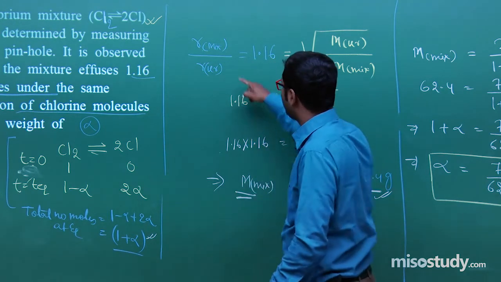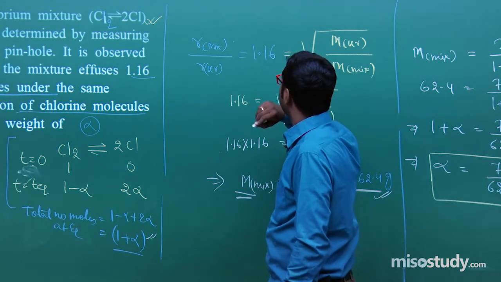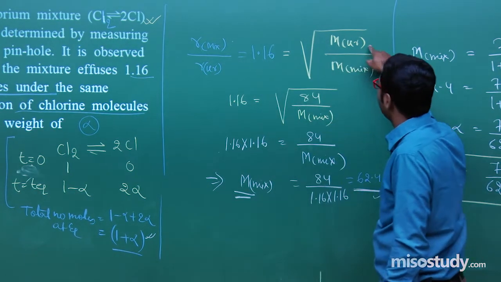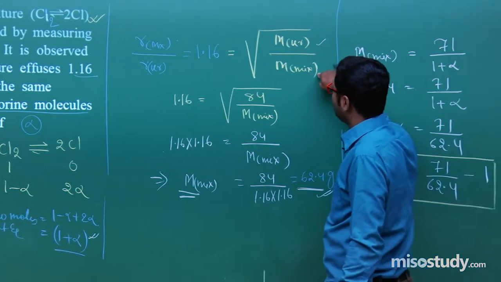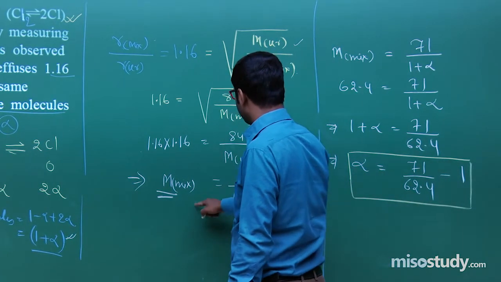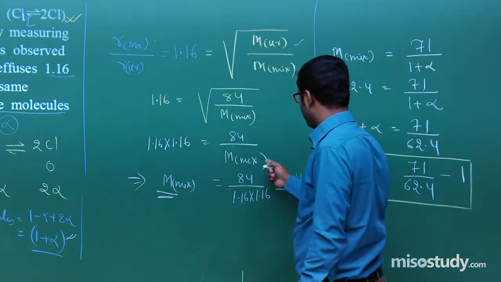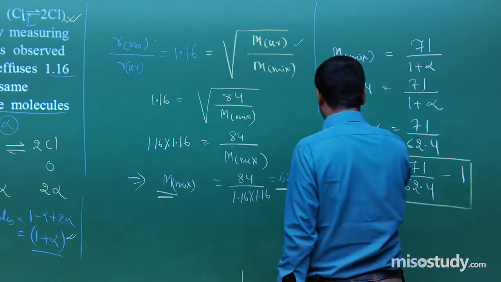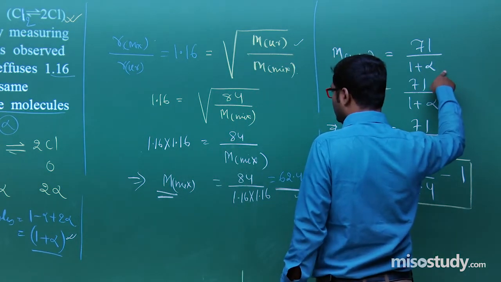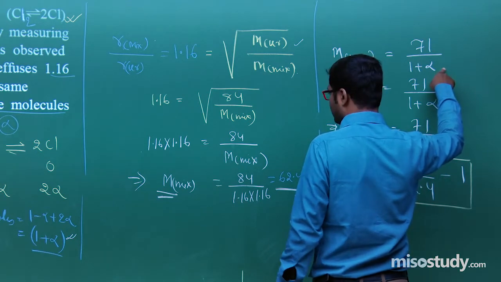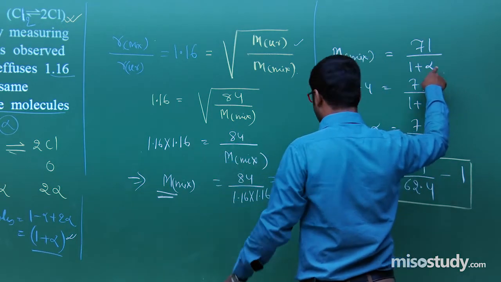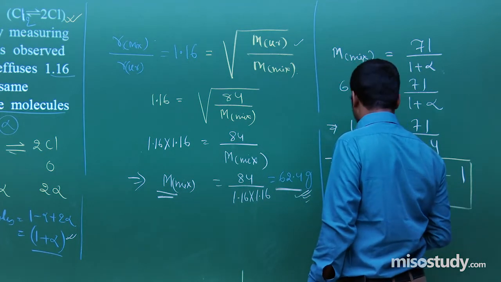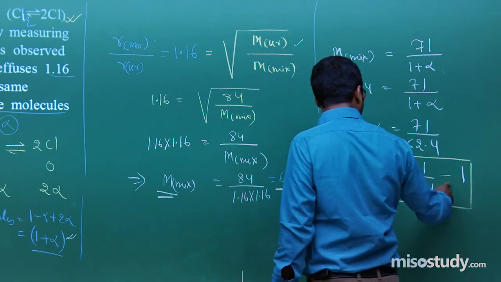Cl2 is 1 minus alpha, and the mixture's molar mass is 62.4. Clear? Now what will happen? Multiplying each other, alpha is equal to 71 upon 62.4 minus 1.